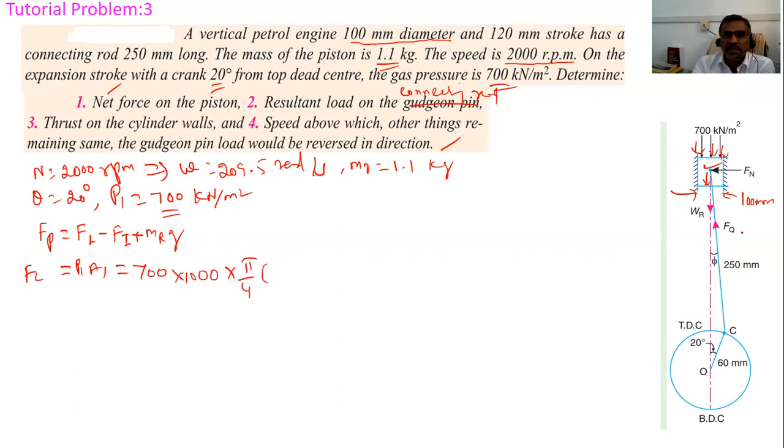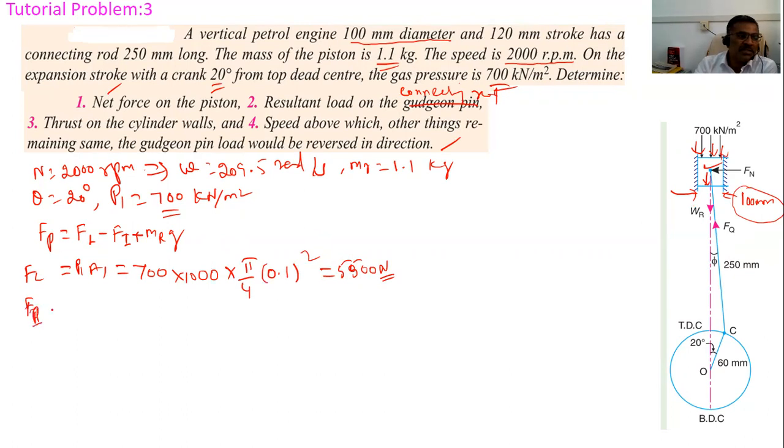D is equal to 100 millimeter, you put in meter, so 0.1 square. So this will give the value of FL. So FL is equal to 5500 Newton. Then you can calculate the value of FB.